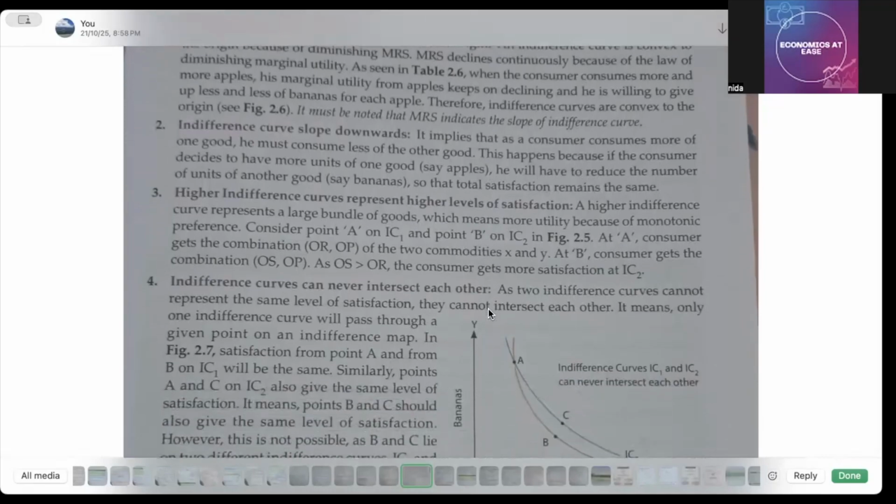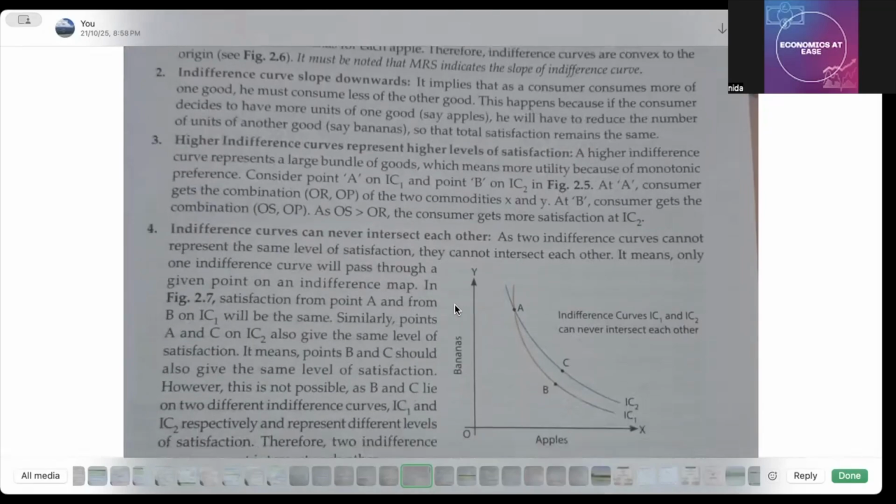Then indifference curves can never intersect each other क्योंकि हमें दोनों commodity को use करना है. Okay, so as indifference curves cannot represent the same level of satisfaction, they cannot intersect each other. Okay, क्योंकि यहाँ पे जो A point है आपका वो B point में आपका है यहाँ पे. That is, for example, IC1 will have the same satisfaction from point A and from point B on IC1. देखो point A जो है और point B जो है वो IC1 पे है. So it means the satisfaction is same.